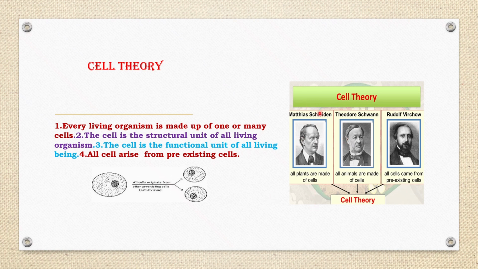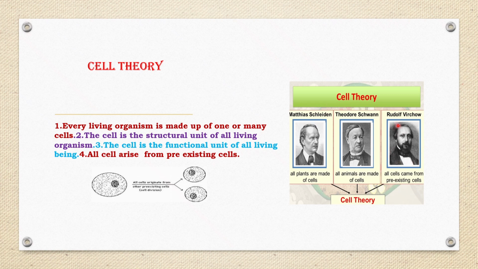Schleiden said all plants are made up of cells because he was a German botanist. On the other hand, Mr. Schwann said all animals are made up of cells as he was a German zoologist. So they worked together and proposed cell theory in 1838.